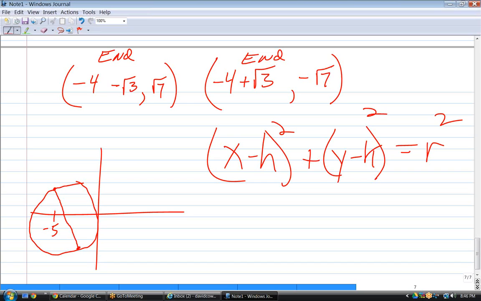The midpoint between these two endpoints is the center of our circle, right? In other words, if I gave you two points in the xy plane and I said find the midpoint, you'd be able to do that.